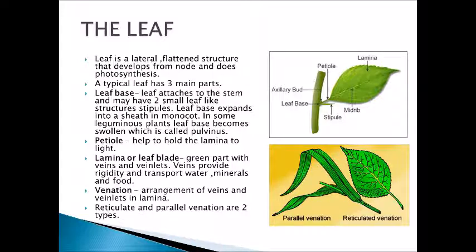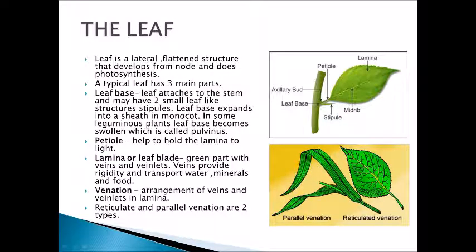Leaf base. Leaf base is the part where the leaf attaches to the stem. Here you can see, this is the leaf base. This is the petiole, and the leaf is joining to the stem. This point where the leaf joins to the stem is called the leaf base.